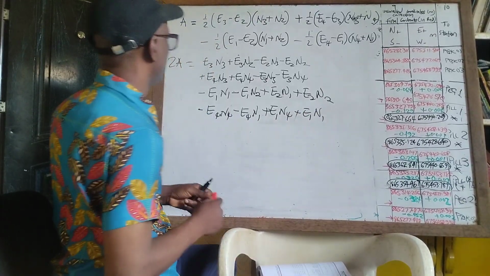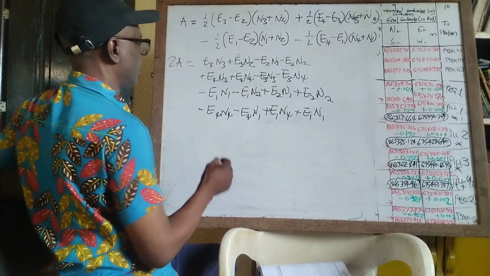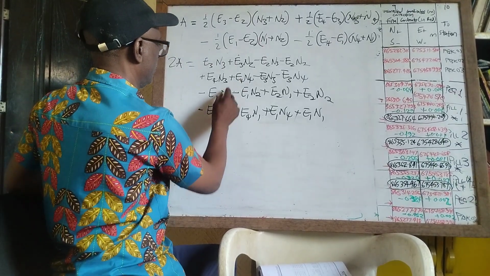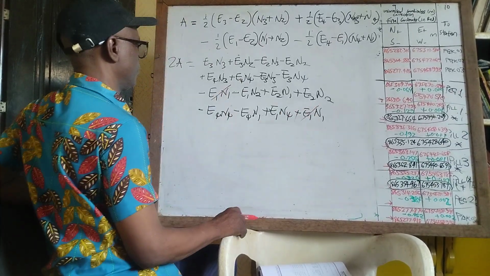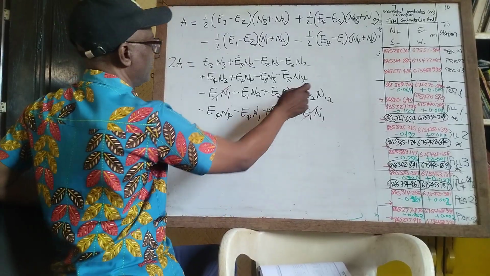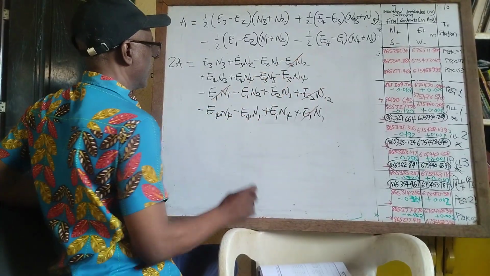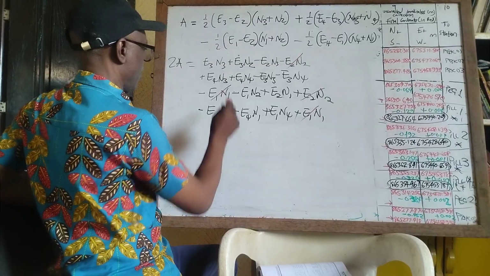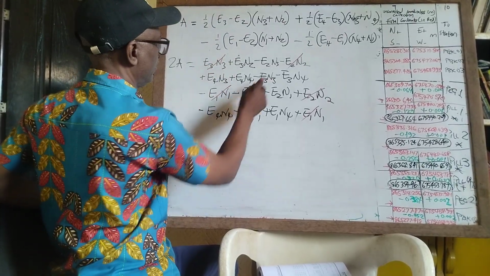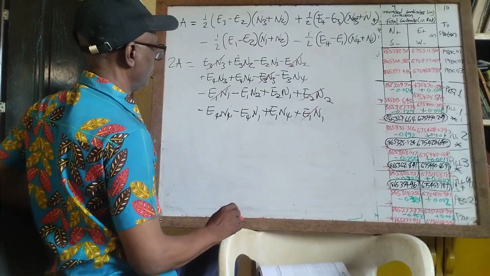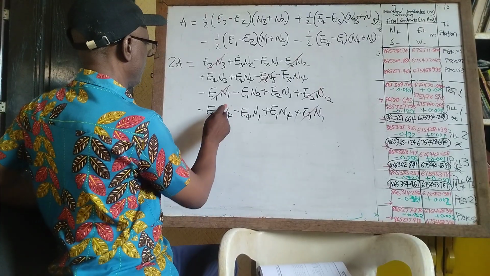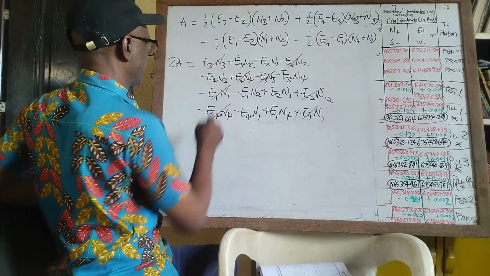Now with this, let us cancel those ones that are alike. You see, E1 N1 will cancel. E2 N2 will go and cancel itself. E3 N3 will cancel. Then E4 N4 will look for its counterpart and cancel.